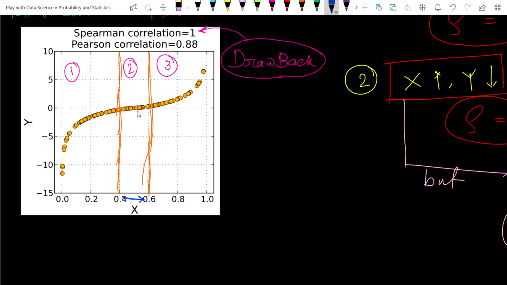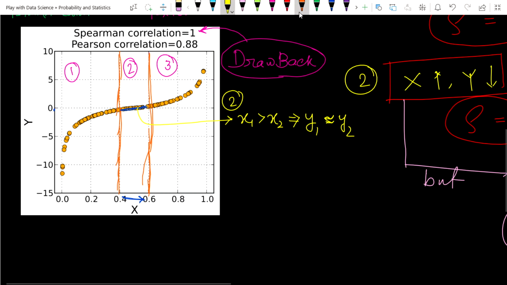If x is increased but the y value is not increased much, in this region, if x1 is increased, y1 is not increased so much, y1 is approximately equal to y2. That is what we have seen in the second region.